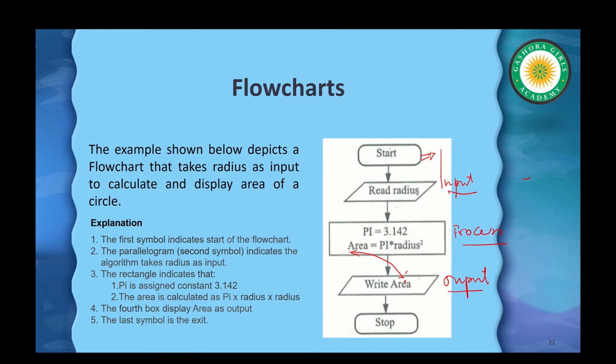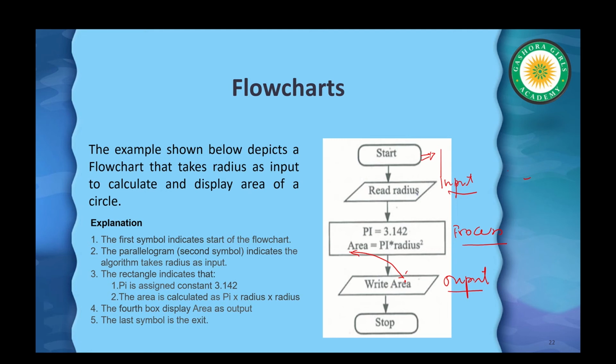The first symbol indicates the start and end of the flowchart. Then the next one, which is a parallelogram, the second symbol, indicates the algorithm takes radius as the input. Then you have the rectangle, which indicates that pi is assigned a constant of 3.142 and the area is calculated as pi times radius times radius.